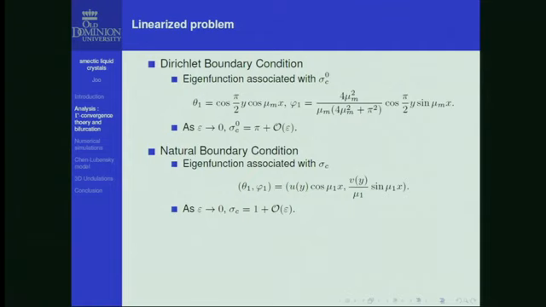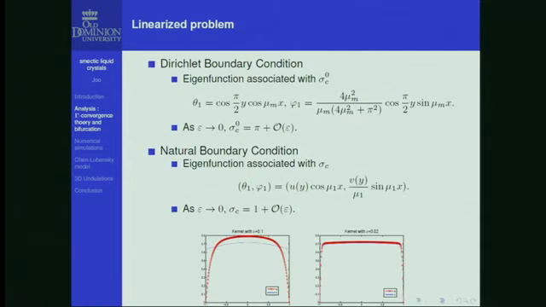The thing is, for the natural boundary condition, it was harder to find that eigenfunction, and we actually used the result of the gamma convergence theory for the asymptotic analysis of these eigenfunctions. And then this is the numerical simulation, just a numerical graph for the eigenfunction that I found.